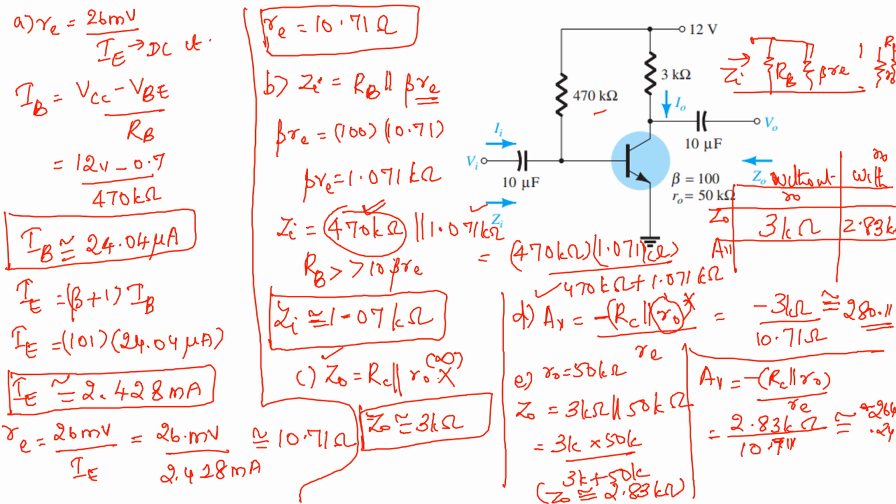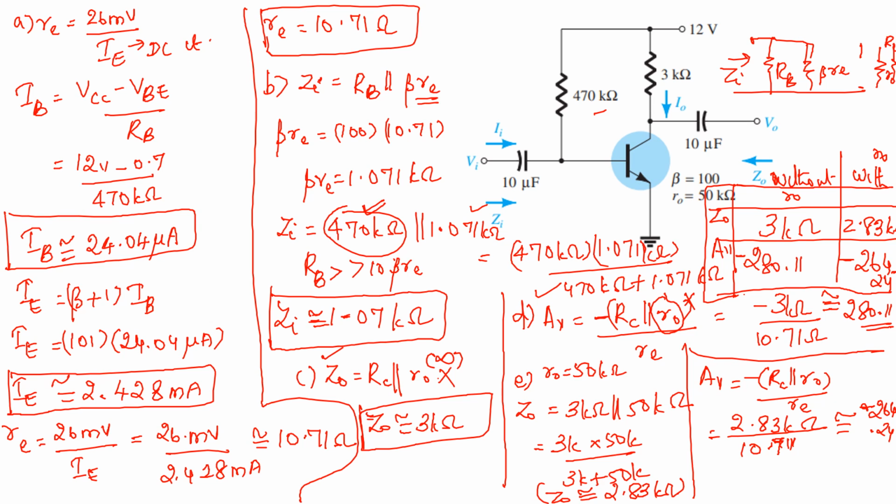Similarly, AV without R0 you have got minus 280.11, and with R0 you have got minus 264.24.